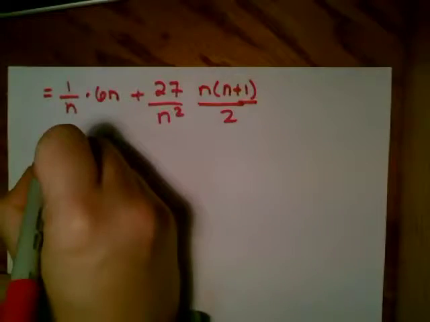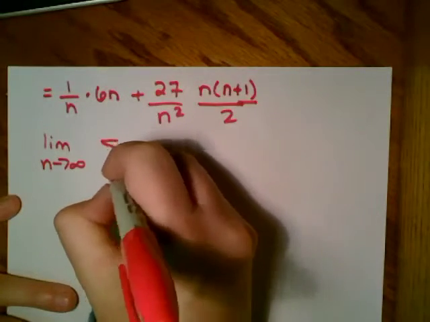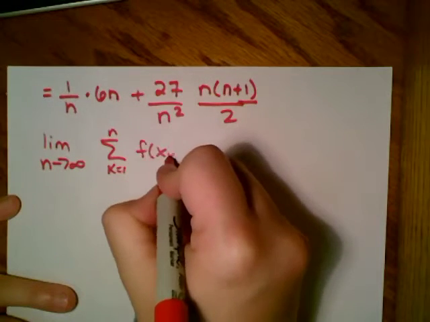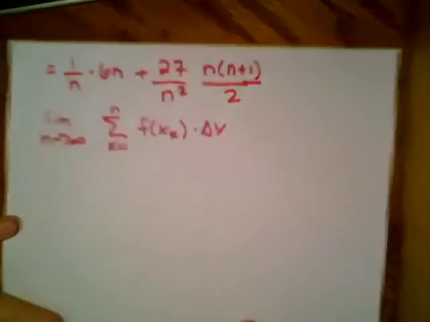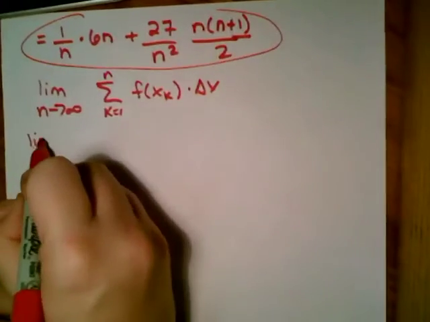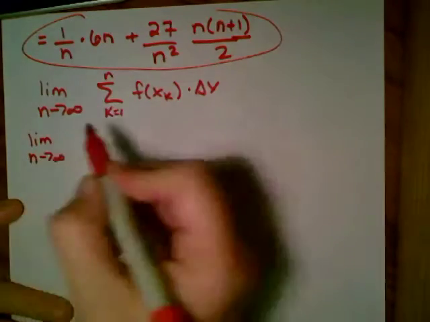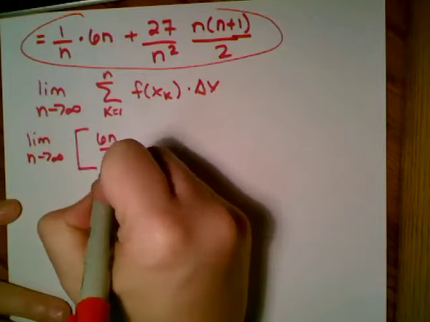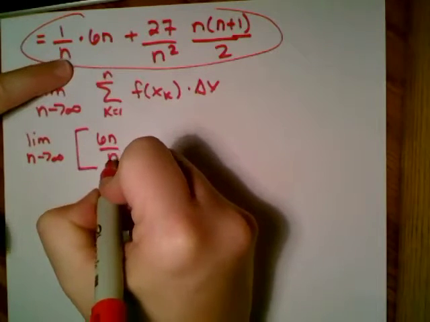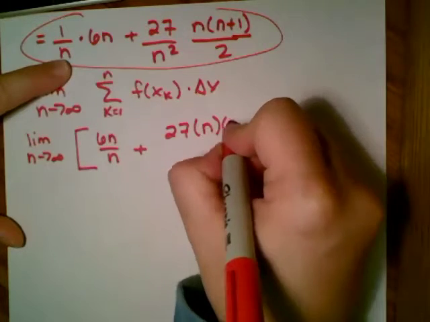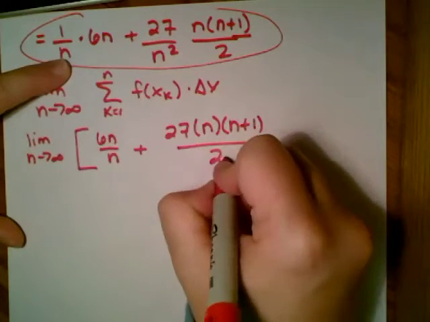And we've been asked to find the limit as n goes to infinity of what we've found as the right Riemann sum. Okay, so we're going to take the limit as n goes to infinity of 6n over n, this product up here, plus 27 n times n plus 1 all over 2n squared.